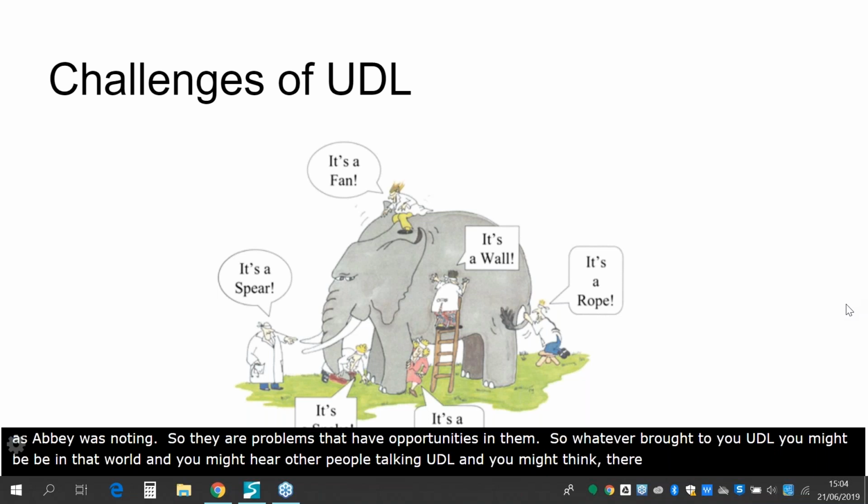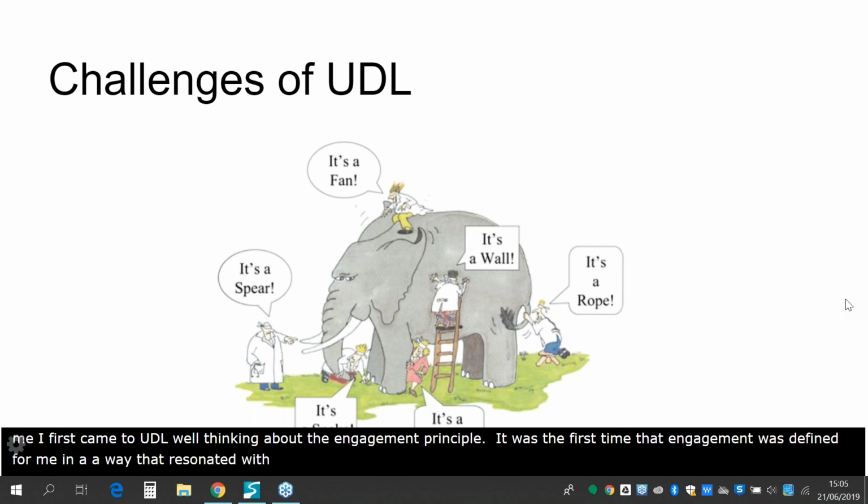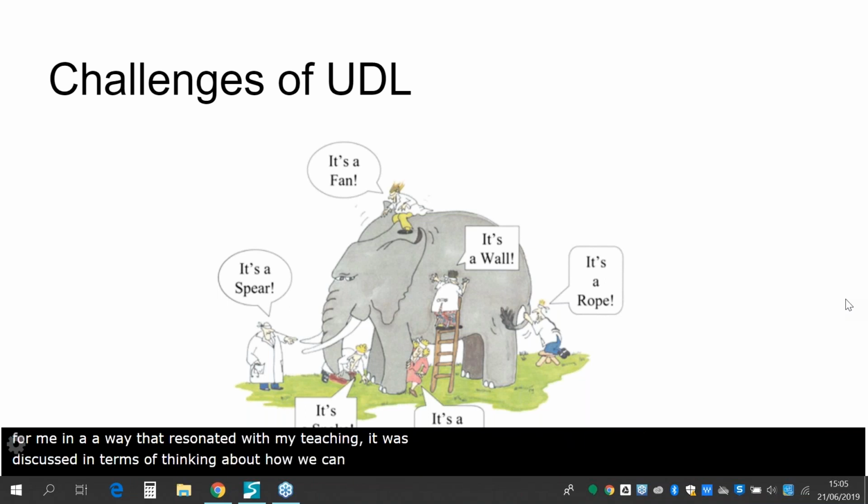For me, I first came to UDL really thinking about the engagement principle. It was the first time that engagement was defined for me in a way that really resonated with my teaching. Engagement wasn't discussed in terms of stickers or stars or rewards, but in terms of how we can intentionally recruit interest, minimize threats and distractions, provide mastery-oriented feedback, and invite students to self-assess and reflect.